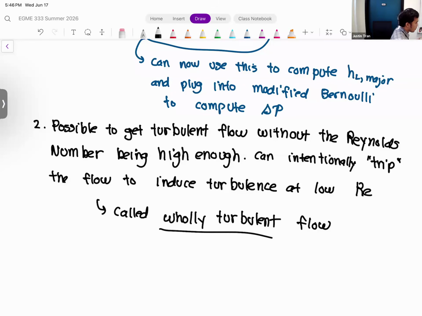When you have wholly turbulent flow, it's interesting: your friction factor in that regime does not depend on your surface roughness. It doesn't matter what the surface roughness in your pipe actually is. Your friction factor is determined just by the fact that you're wholly turbulent.